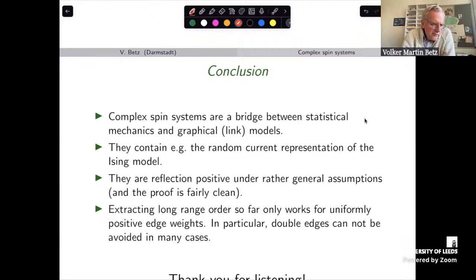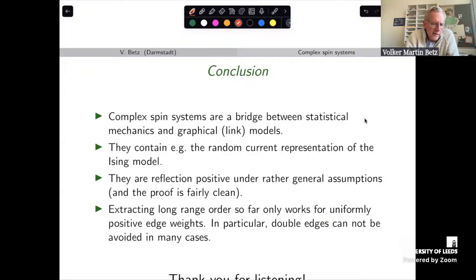So you have a bridge, via simple complex analysis really, from these complex spin systems to graphical and combinatorial models, and under relatively general conditions, they are reflection positive. And so what we can do is extract long-range order if we have uniformly positive edge weights, which really means that certain weighted graph Laplacians can be lower bounded by uniform Laplacians.